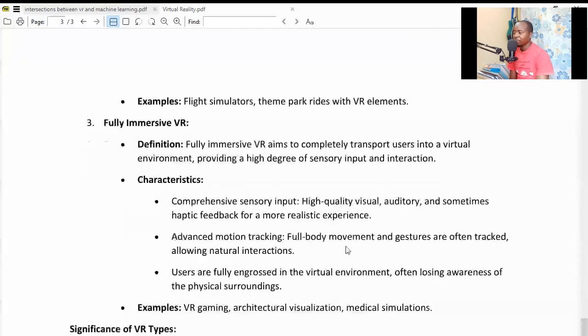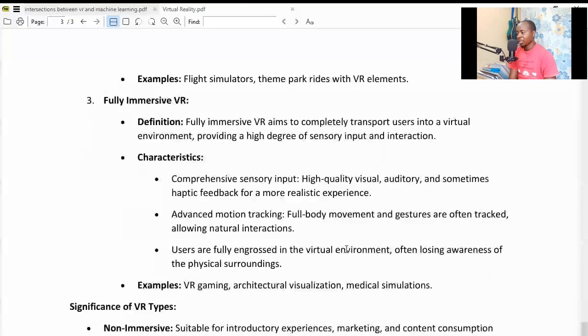Then we have the fully immersive virtual reality. Now, fully immersive virtual reality aims to completely transport the user into the virtual environment, providing a high degree of sensory input and interaction. So there is comprehensive sensory input in this. There is advanced motion tracking. So the system is able to track every movement, every motion articulated by the user.